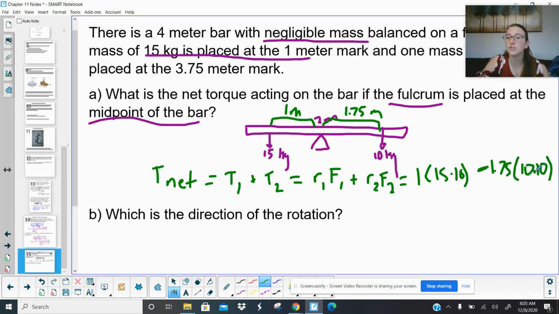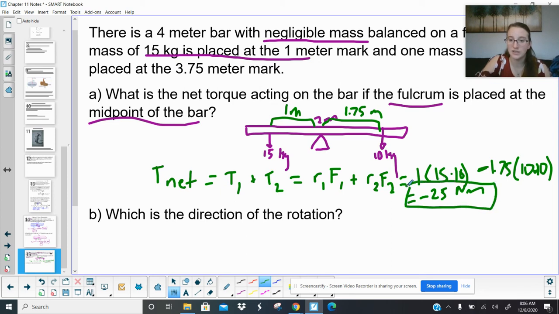Again, we could call the force negative or we could just put this negative out in front. So we have 1 times 15 times 10 minus 1.75 times 100. Okay, so we get a net torque of negative 25 Newton meters.